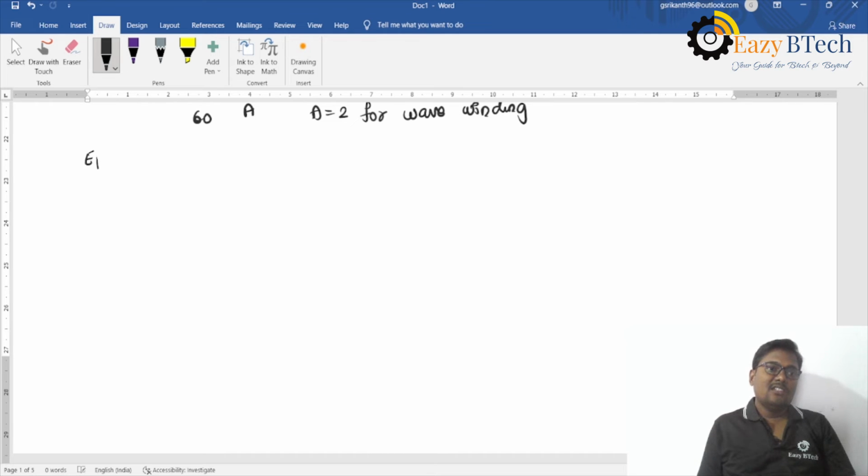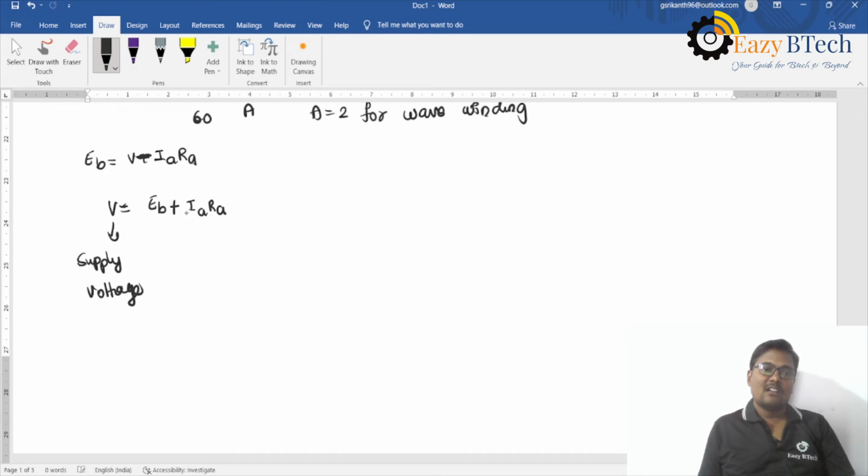So EB is equal to V minus IA into RA. Whatever the supply voltage is there, the supply voltage is to meet the back EMF and to overcome the armature resistance drop IA RA.